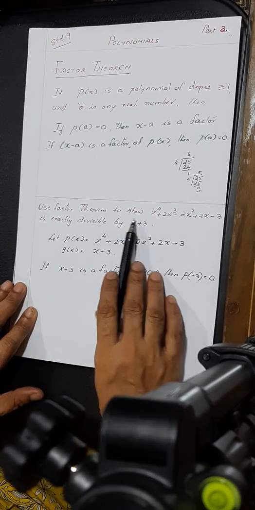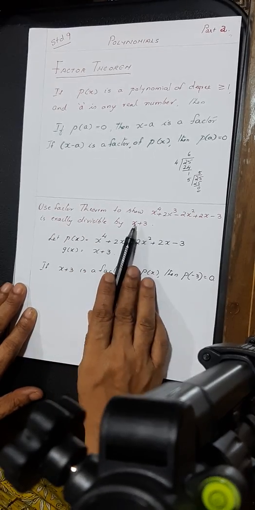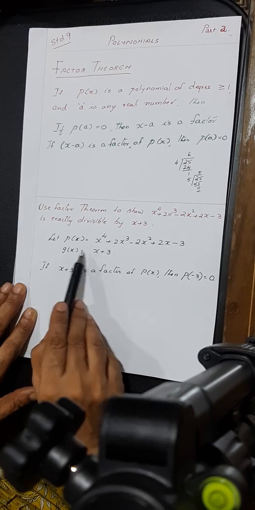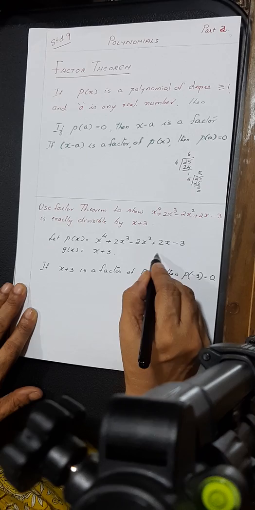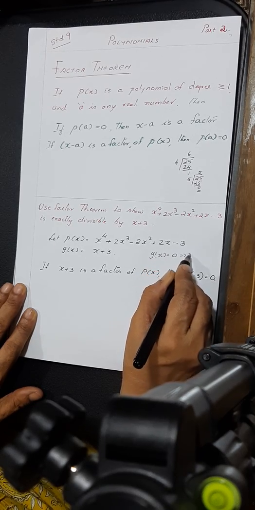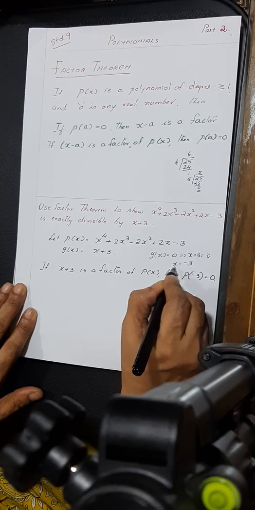Use factor theorem to show this polynomial is exactly divisible by x plus 3. The same way, you have to equate x plus 3 equal to 0. So, you will get x is equal to minus 3.